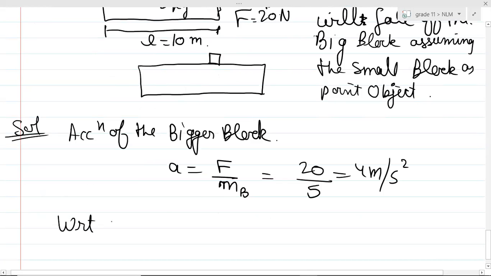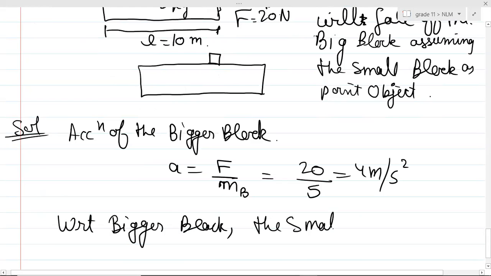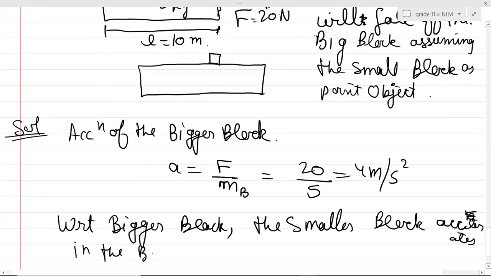So with respect to the bigger block, the smaller block accelerates in the backward direction. With how much acceleration?